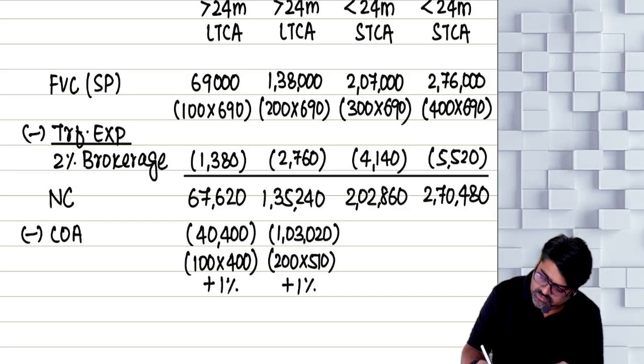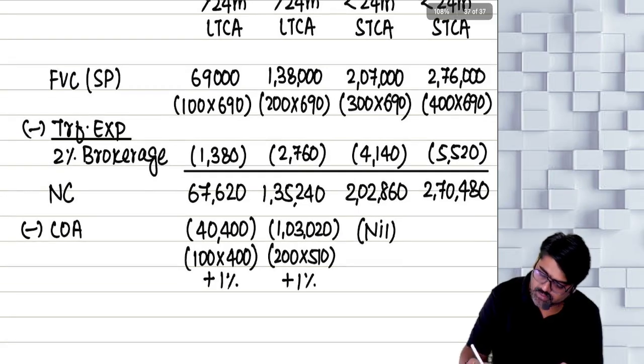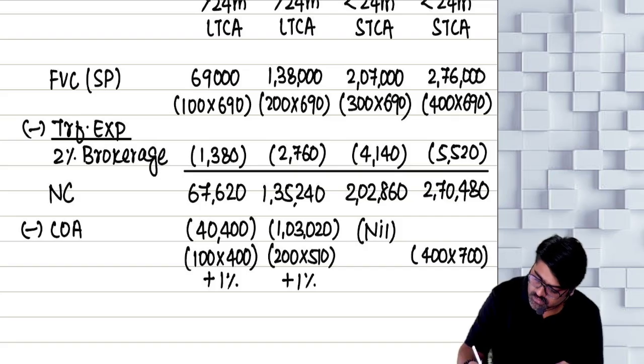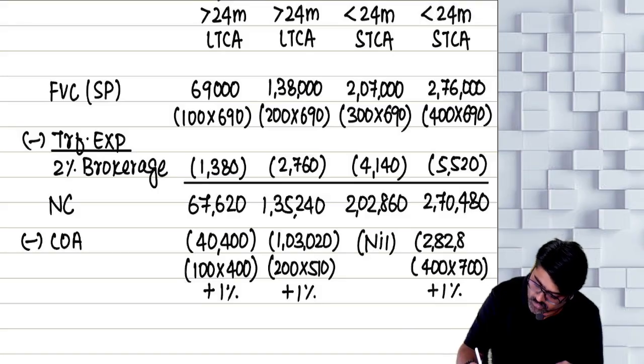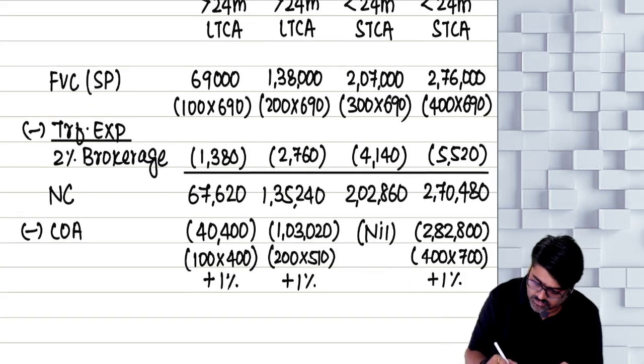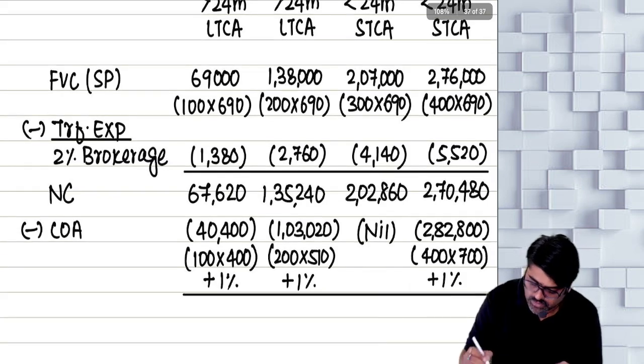Next, these 300 shares, the cost will be nil because they are bonus shares. Okay? 400 shares you acquired for 700 rupees, and plus 1% brokerage. Total 2 lakh 82,800. Everyone got this? So calculate the capital gain.